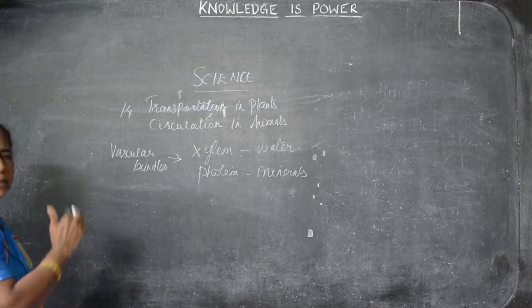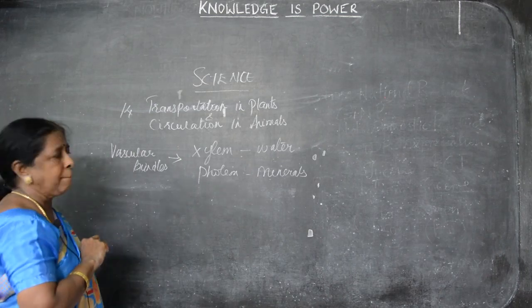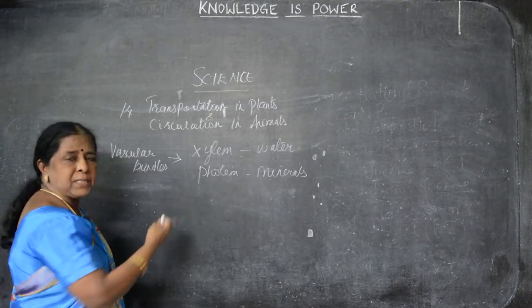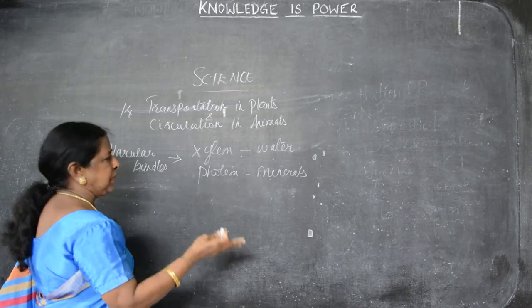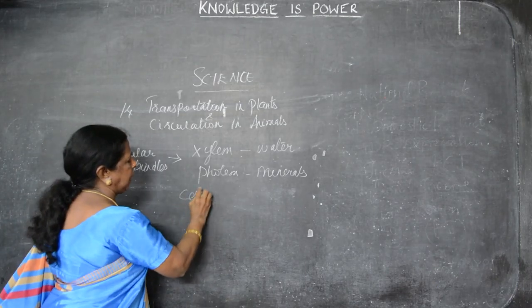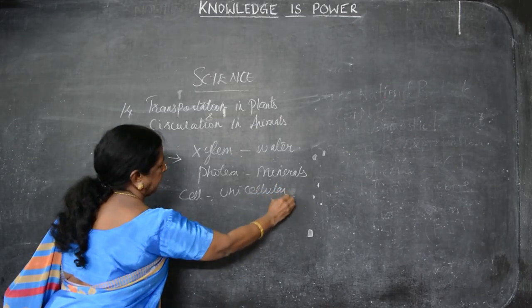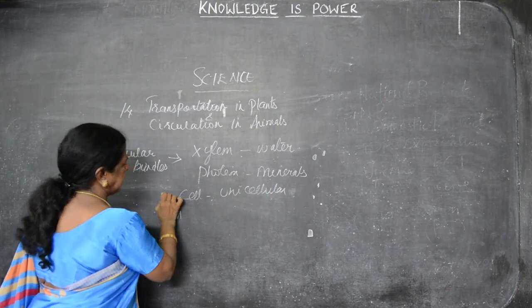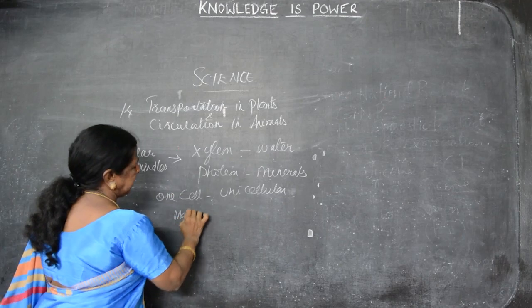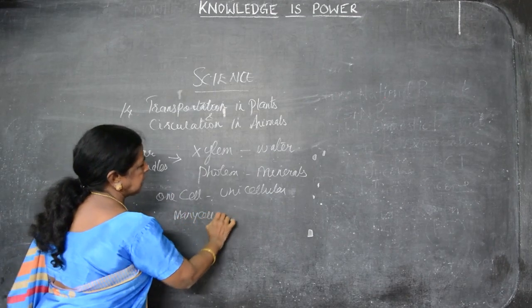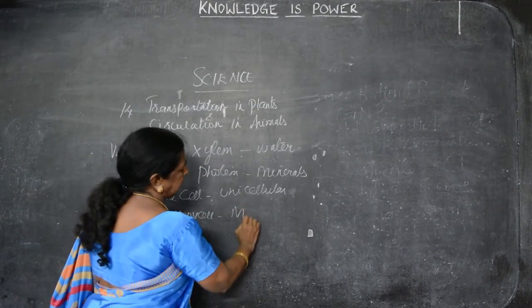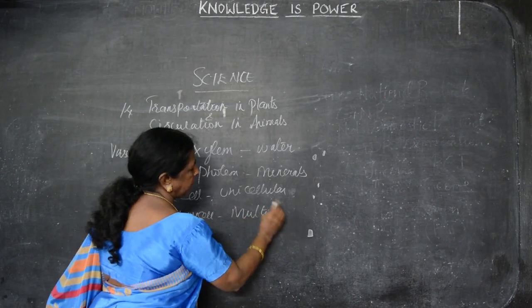Now we have to see what the transportation methods in plants are. Living things are made up of cells, I said already. If it is made up of only one cell, it is unicellular; many cells, multicellular. The cell is the basic unit of living things.